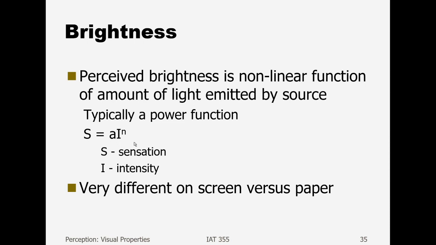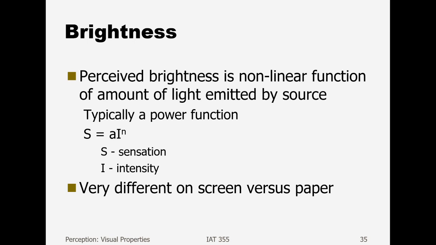And what that means is it depends significantly on the intensity, but the power here is not a square, but it is a smaller number, less than 1. It indicates as stimulus intensity increases, perhaps quite significantly, our sensation does not increase so rapidly. It adjusts to the fact that there's a lot more light coming to the eye.